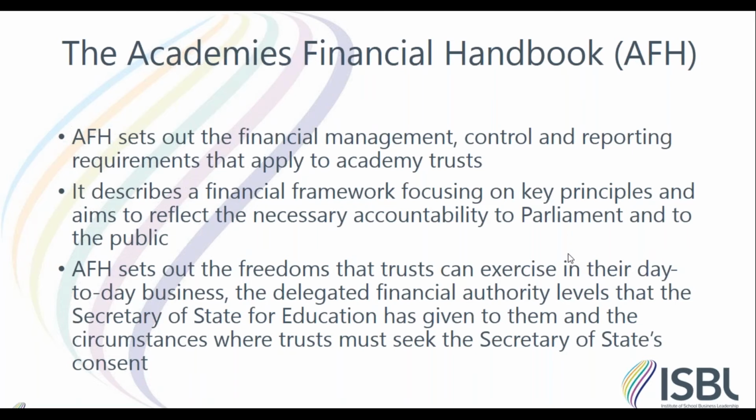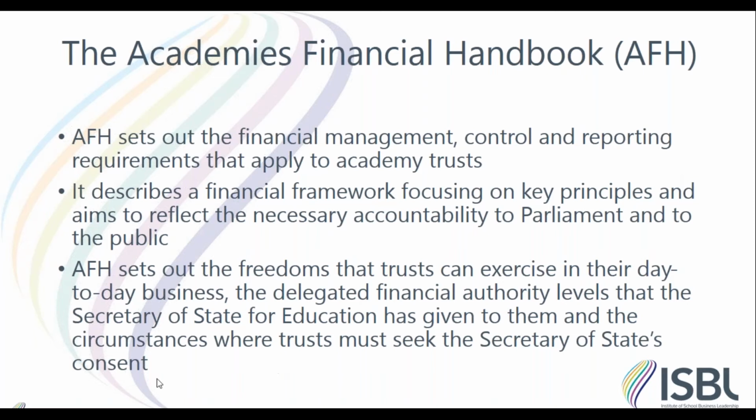It describes a financial framework focusing on key principles. It sets out the freedoms that trusts can enjoy. It describes delegated financial authority levels and the circumstances where a trust needs to seek approval or consent from the Secretary of State.